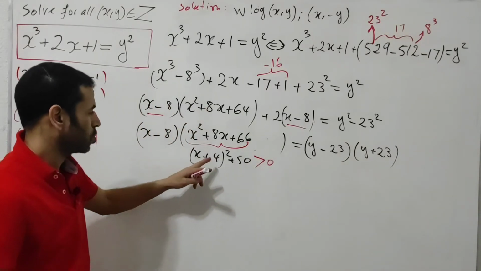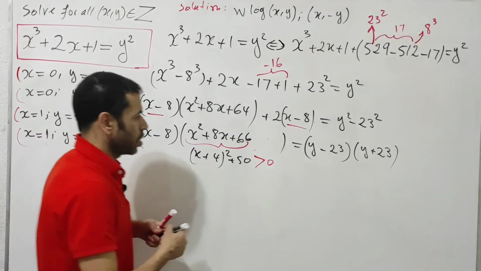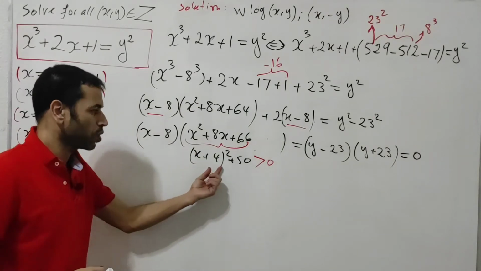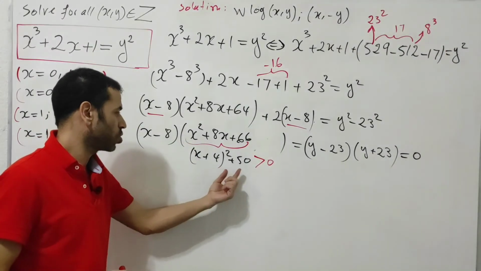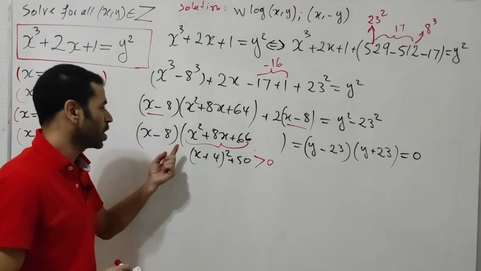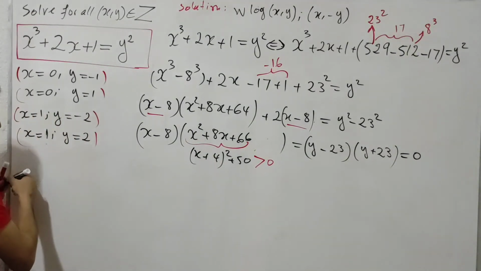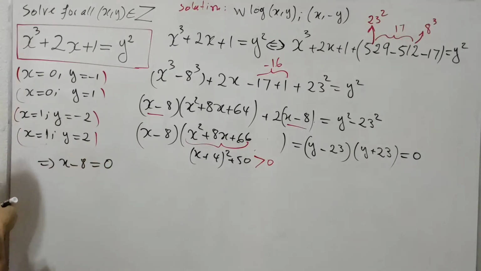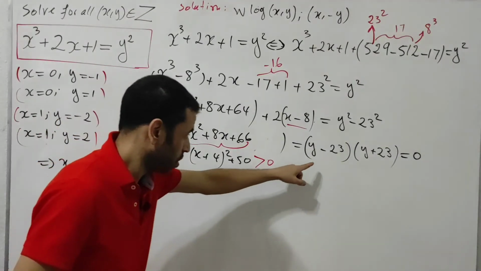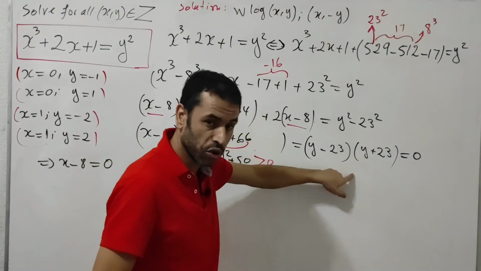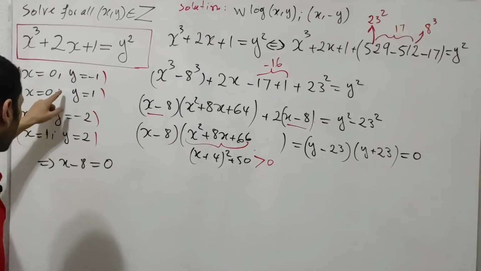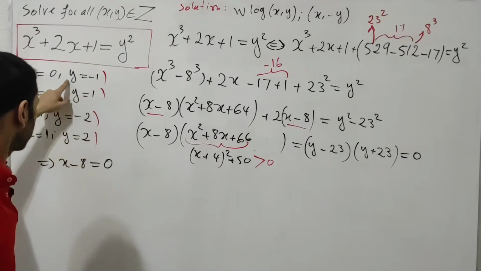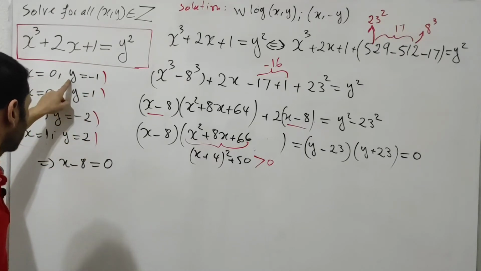So if I want to solve this equation, I put here equals 0. Since this one is different than 0, because this one is strictly superior than 0, that means x minus 8 equals 0. If you take a look carefully at these solutions and this expression on the right hand side of this equation, for all x and y strictly inferior than 2, we found one pair of solutions with y an odd number.